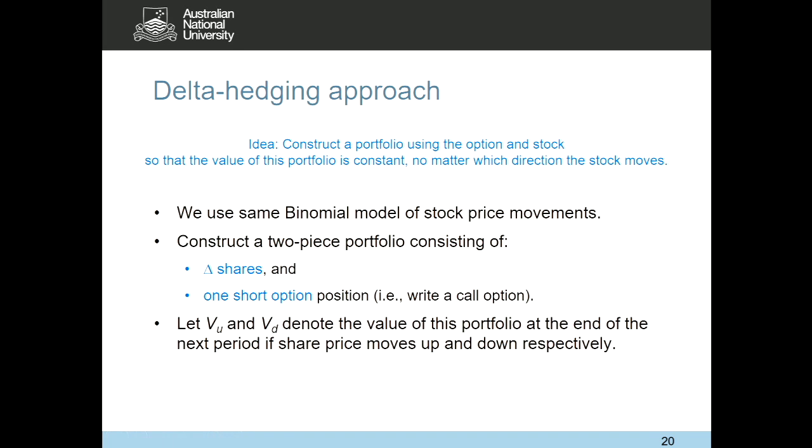But why is this approach called delta hedging? If you think about the call option writer, somebody who shorts a call option, they are exposed to extreme downside risk, right? Because in theory, there's no upper limit as to how much the share price can increase to. So whoever is on the long side of the call option, if the option becomes in the money, can exercise against the shorter of the call option, right?